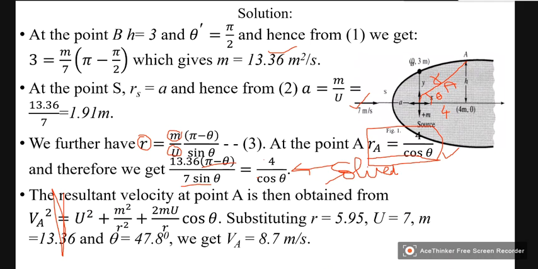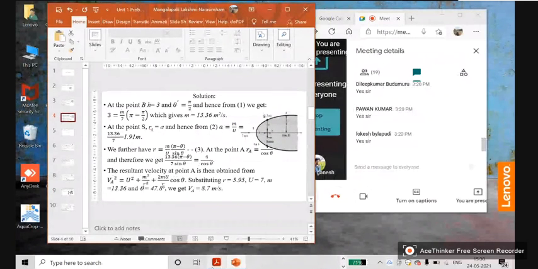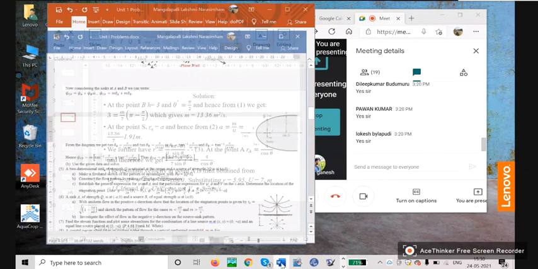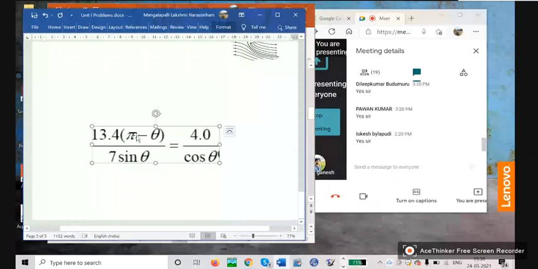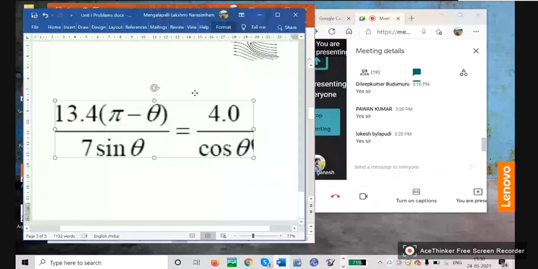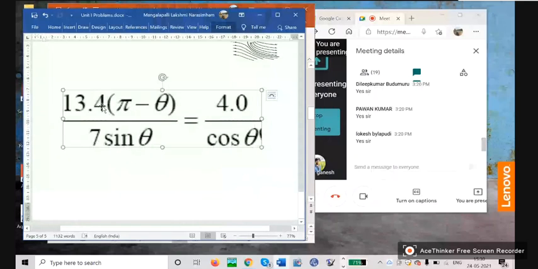Now how do you solve this equation? I will show you how to solve such equations. So this is what you get. See, that equation, actually 13.36, I have written as 13.4. So you have to solve this equation.